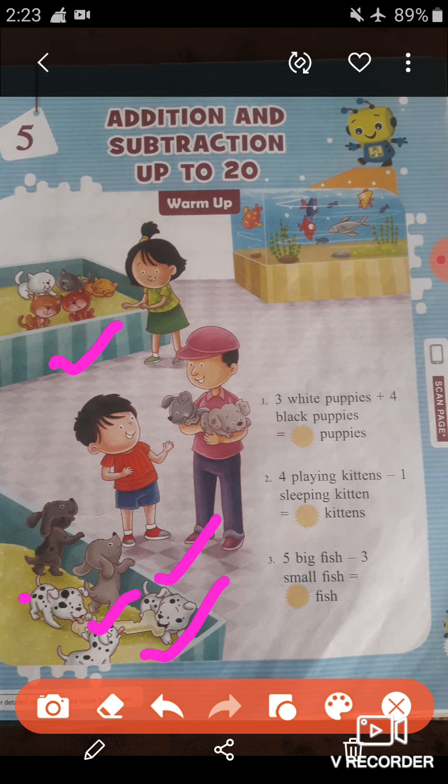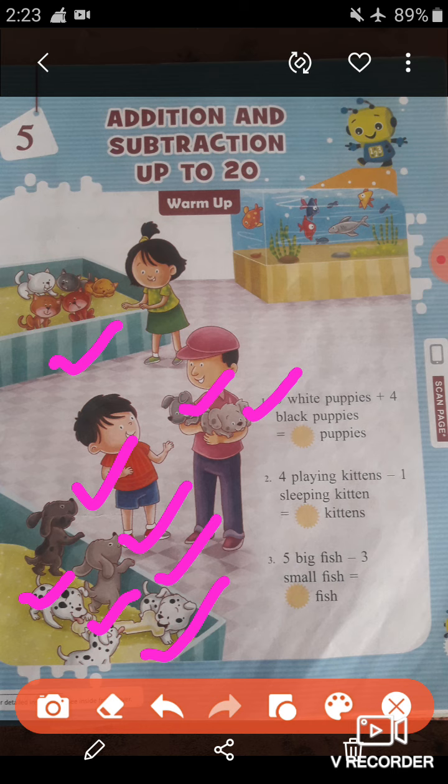These are the white puppies. Now we have to add 4 black puppies, or we are going to put 4 black puppies together with 3 white puppies. 1, 2, 3 and 4. These are the black puppies.